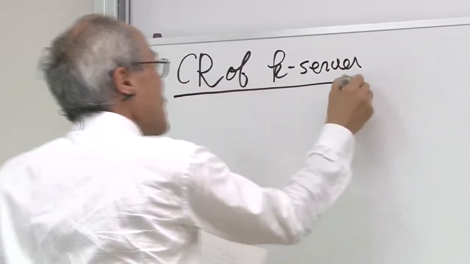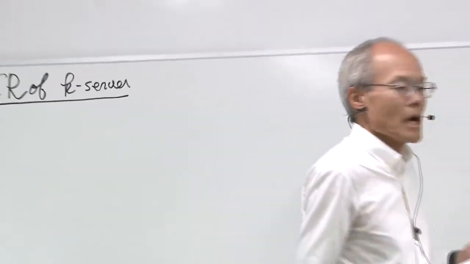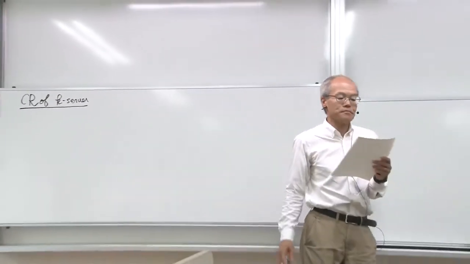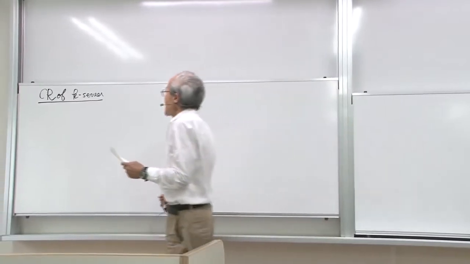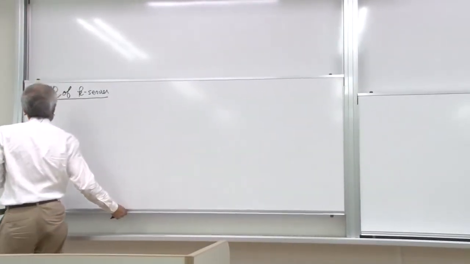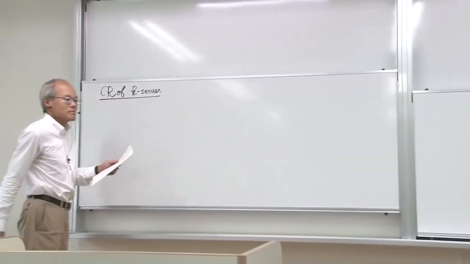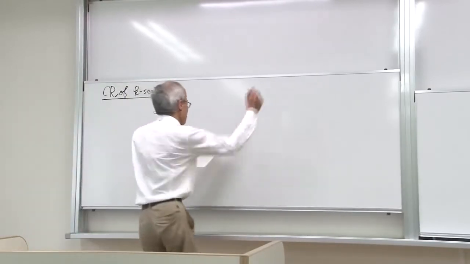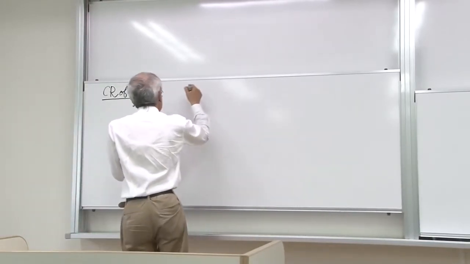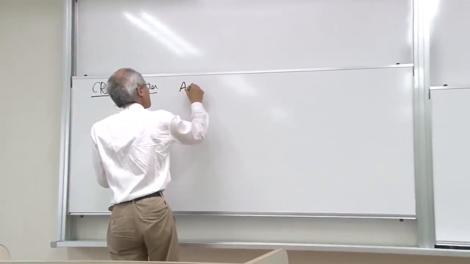Last week, we studied the K-server problem, and I showed you its competitive ratio. But unfortunately, I didn't have much time, so the last part of the class might have been kind of hasty. The idea is to use an amortized cost.